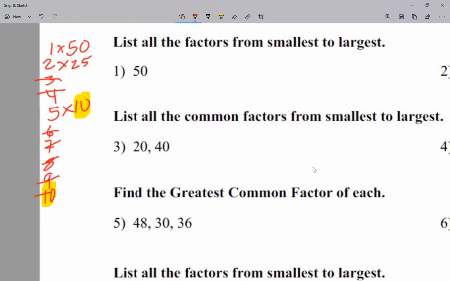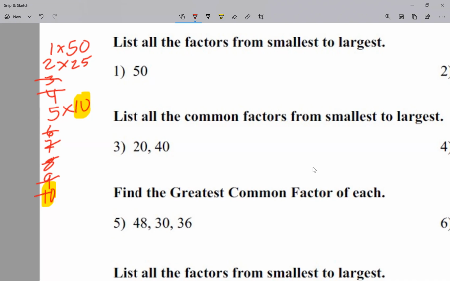I found all the possible multiplications that give me 50. I'm not including decimals, I'm just finding the whole numbers. I said earlier, factors are terms, usually numbers, that multiplied will give me a product, a result.